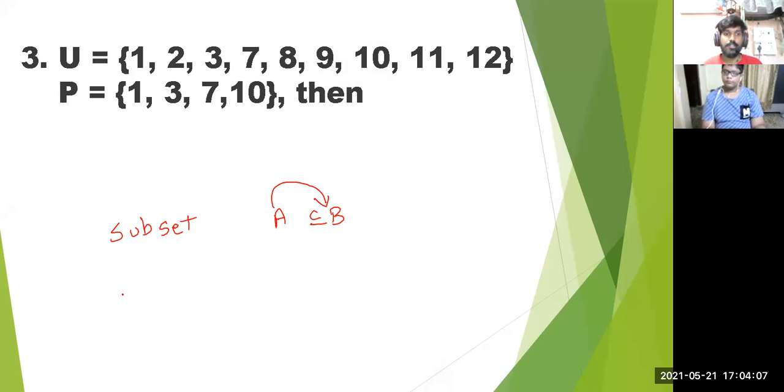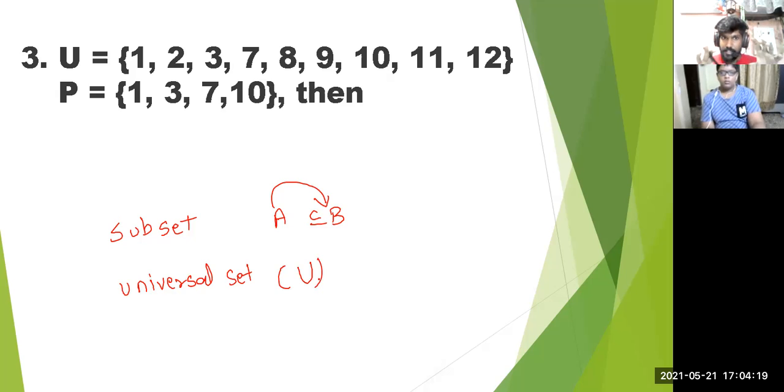Then second, we saw the universal set. What is a universal set? The universal set is denoted by capital U, and it is the main set which is taken into consideration, and all the other sets are subsets of the universal set. Then we saw complement.